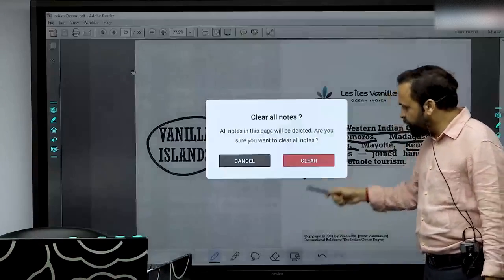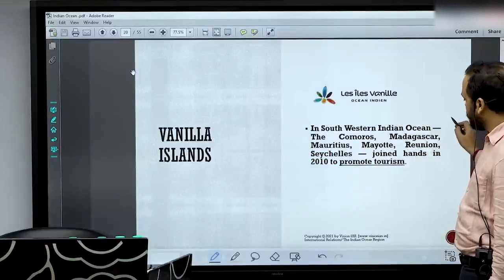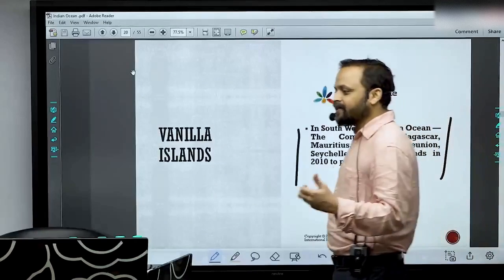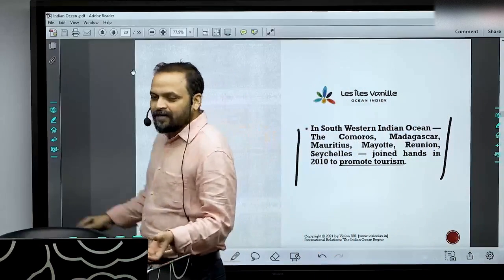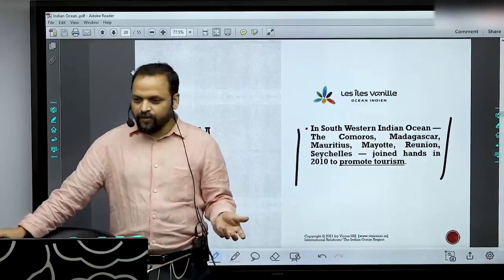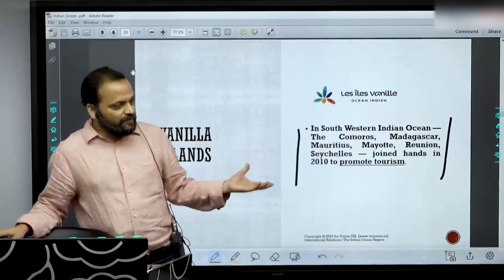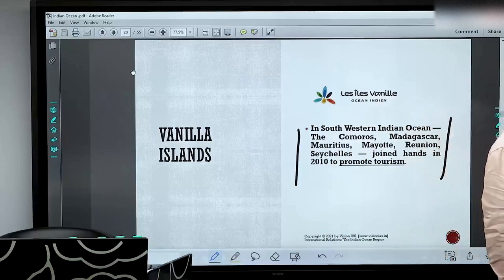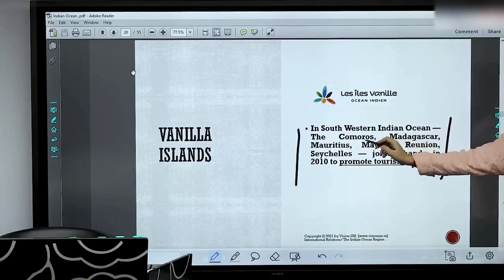So when you are studying a region, you will hear such terms there, there is no very special significance of this. So now if you start finding significance in every topic, that would increase your burden. But if something like this is mentioned, remember it. So which are Vanilla Island countries? Which are the Vanilla Islands? Have a look once, remember it.